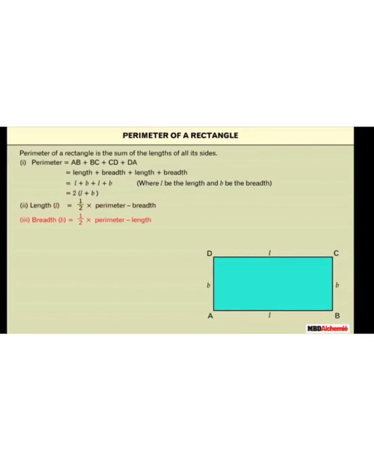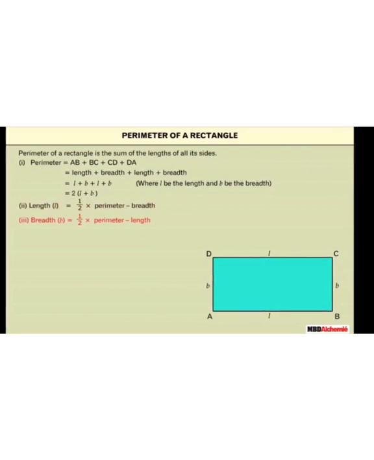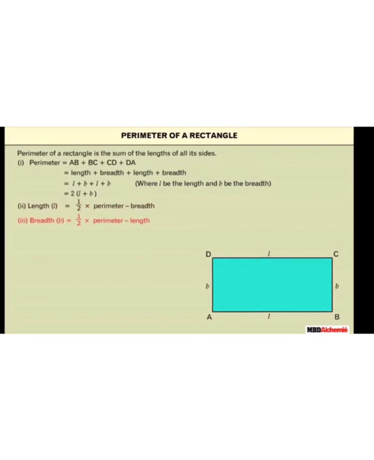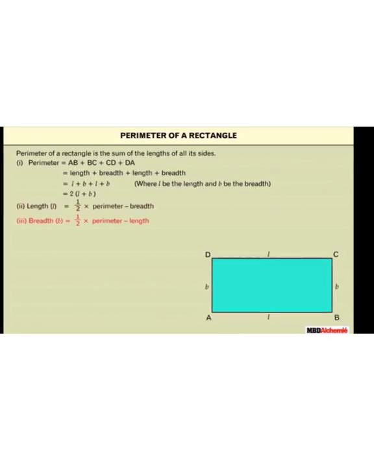Hence, the perimeter is equal to L plus B plus L plus B, or 2L plus 2B, which is equal to 2 into (L plus B) centimeters. So the perimeter of a rectangle is equal to 2 into the sum of two adjacent sides.